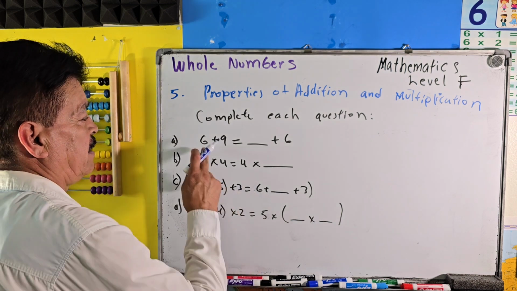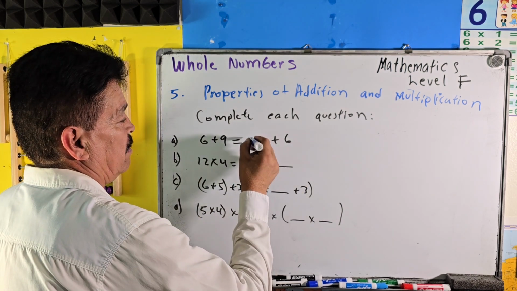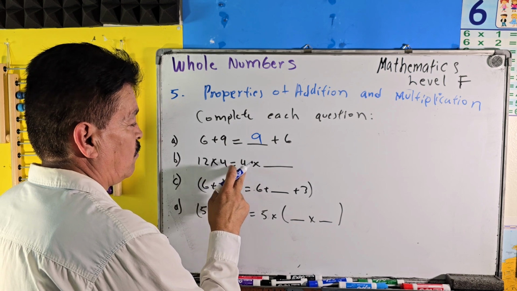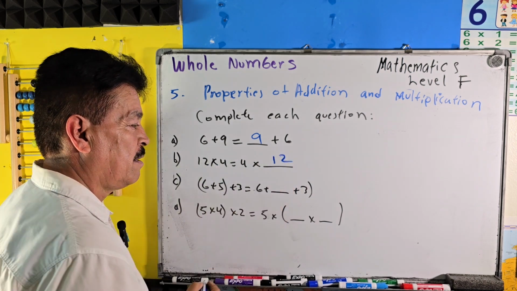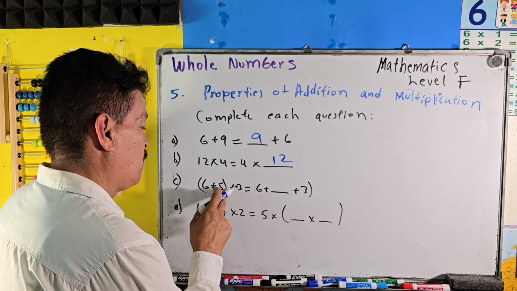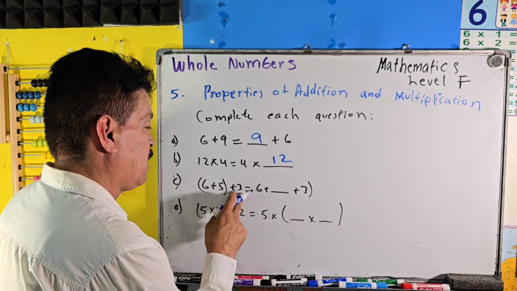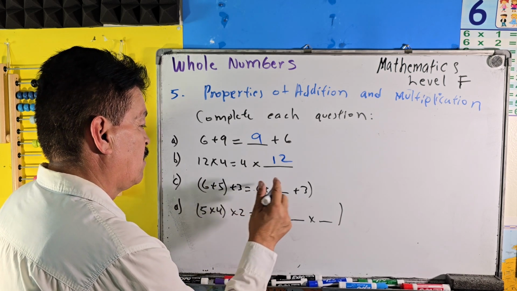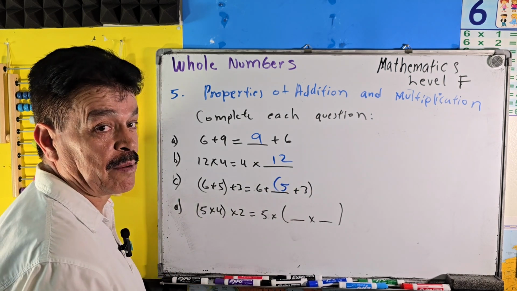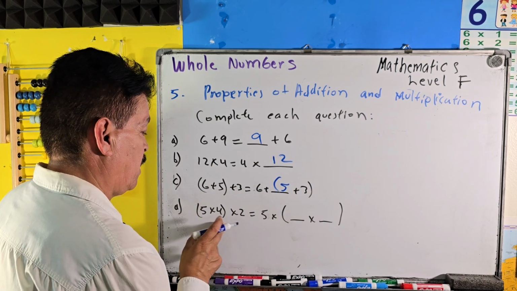Here 6 plus 9 equals 9 plus 6. Here 12 times 4 equals 4 times 12. Very easy. 6 plus 5 plus 3 equals 6 plus 5, right here, plus 3. Associative property.